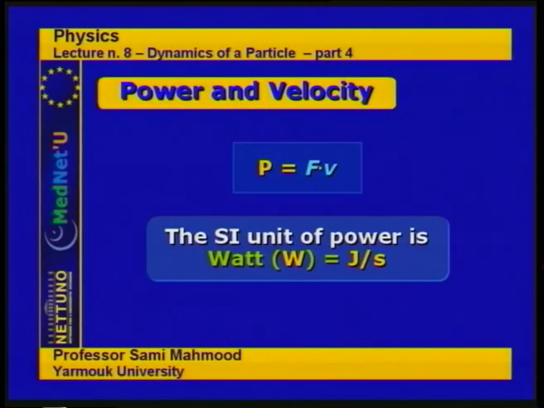And thus, the power has the units of the work divided by the units of time, which is joule per second. This unit is called W, watt. It is given a different name, watt. So watt is the unit of power in the international system of units.